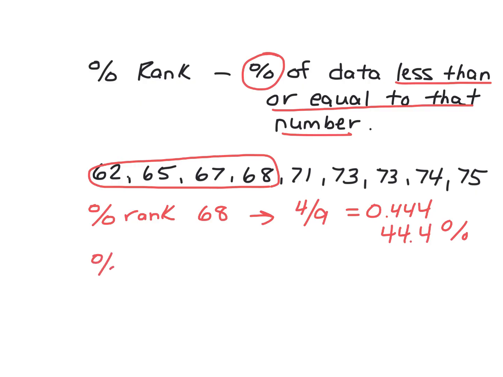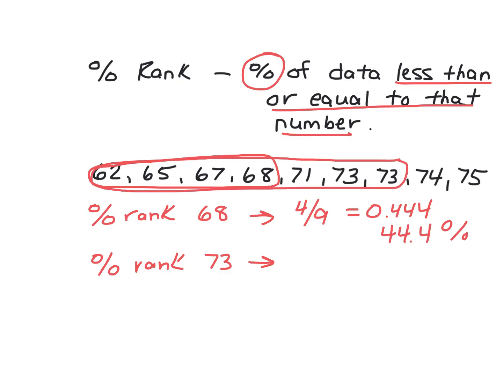If I'm looking for the percentile rank of a score of 73, now I'm looking at all of these scores. I'm including both 73s because it's less than or equal to. There's 7 of those, 7 out of 9, which would be 0.777, which would be about, if I round to the 78th percentile.